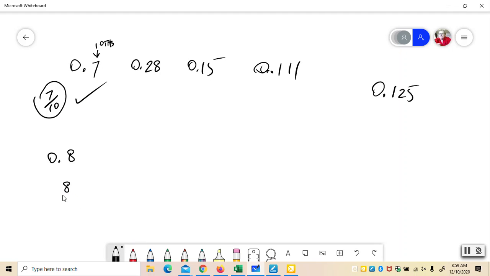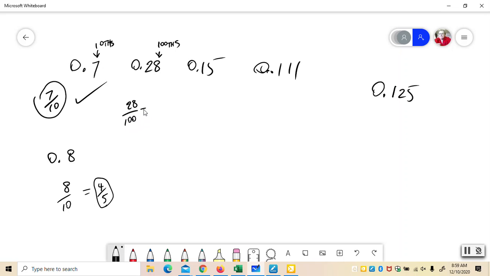Same way here, this would be 8/10, but that can be reduced. 2 goes into 8 4 times, and 2 goes into 10 5 times. This would get you points taken off, because that is not as simple as it could be. You always need to reduce it. Here, the last place is the hundredths place, tenths, hundredths, 28 over 100.